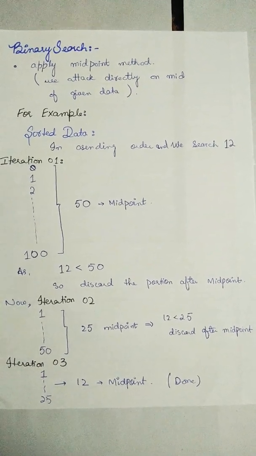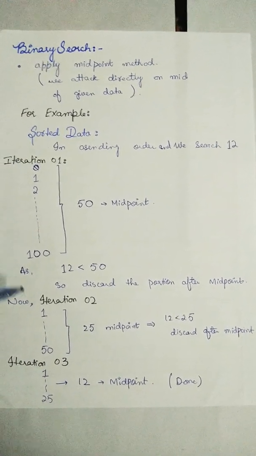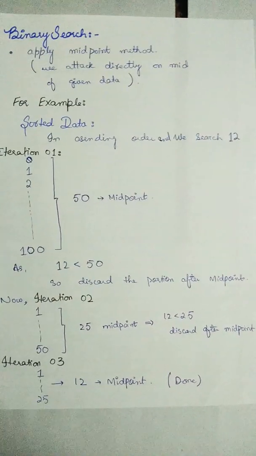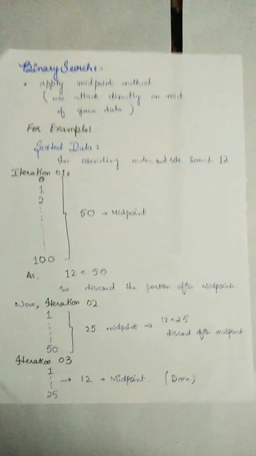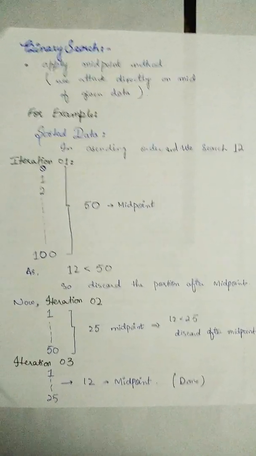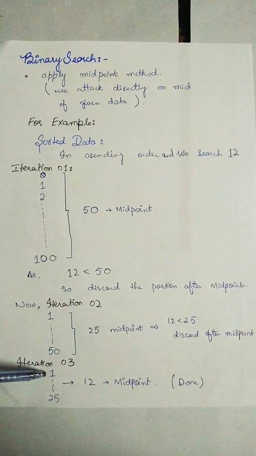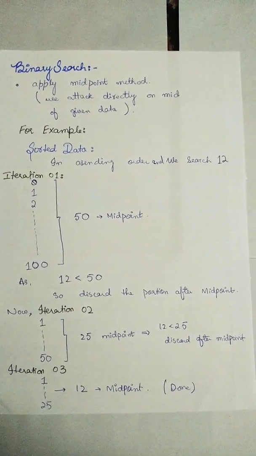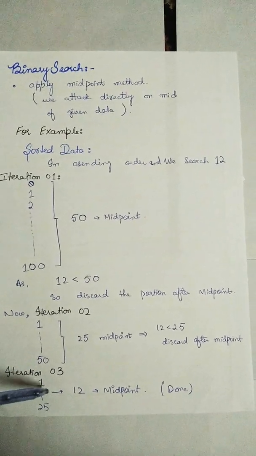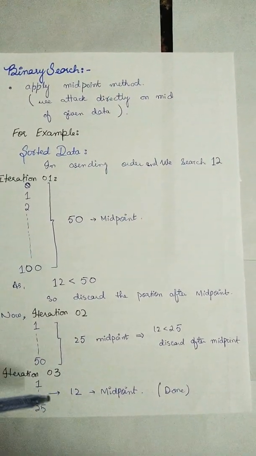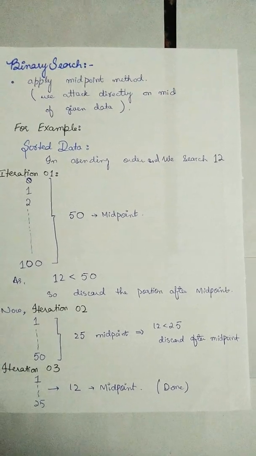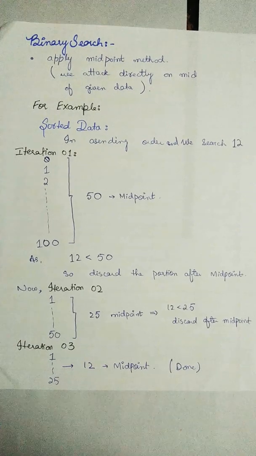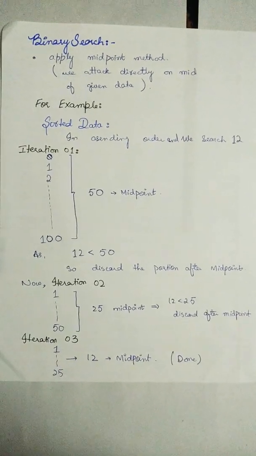Then we apply the midpoint method again, attacking the midpoint, that is 25. 12 is less than 25, so numbers greater than 25 are discarded. Now we have data only left, that is 1 to 25. We again apply the midpoint method, and the midpoint is 12. We wanted to search for this number. By using this DSP technique, we have fewer iterations, it takes less time and the computation cost is less.